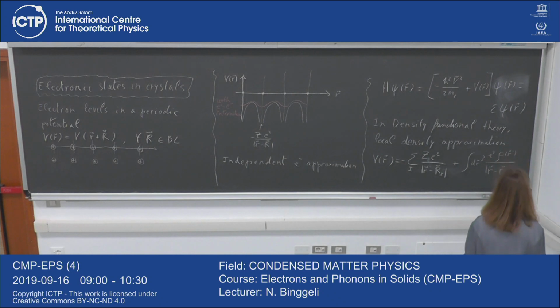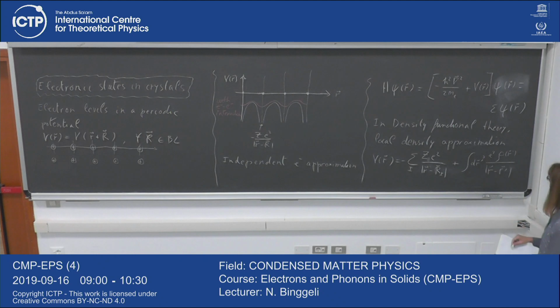So this is just the potential induced by the electronic charge rho of R prime, divided by the distance, so it's the potential at R induced by my electronic charge density rho of R prime. So this is the second term, which we call also the Hartree term.